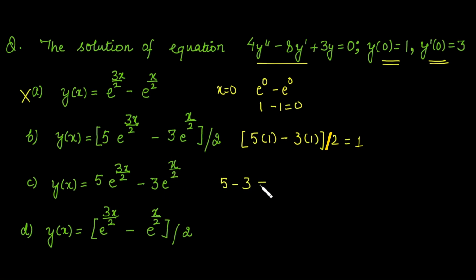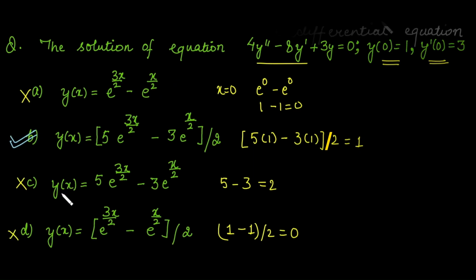So 5 minus 3 is 2. We need it as 1, so this cannot be the answer. For the next case, e raised to power 0, that is 1, minus e raised to power 0, 1. 1 minus 1 divided by 2 is always equal to 0. But we need 1, so it cannot be the answer. So this implies only option B is correct in this case.